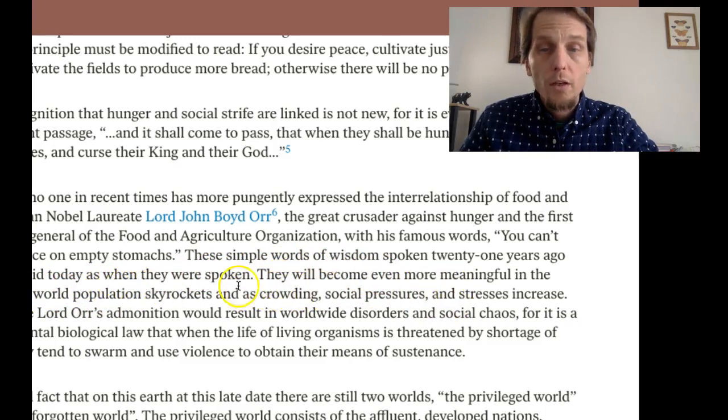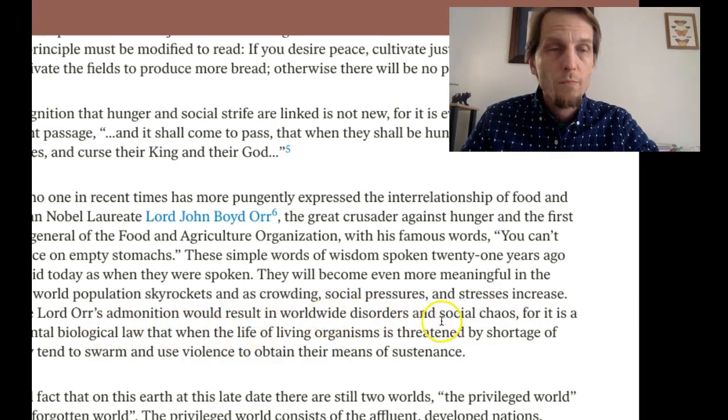They will become even more meaningful in the future as world population skyrockets and as crowding social pressures and stresses increase. To ignore Lord Orr's admonition would result in worldwide disorders and social chaos, for it is a fundamental biological law that when the life of living organisms are threatened by shortage of food, they tend to swarm and use violence to obtain their means of sustenance.